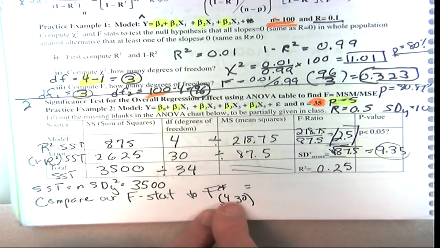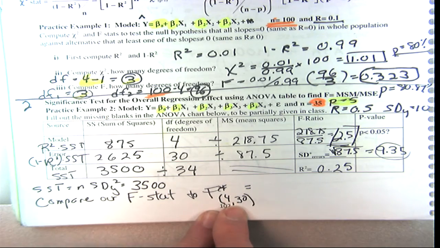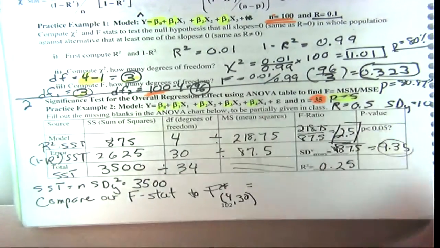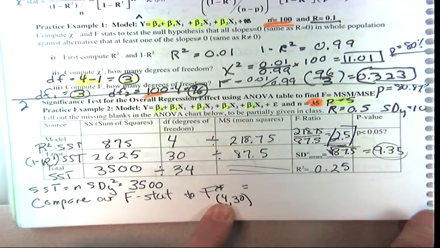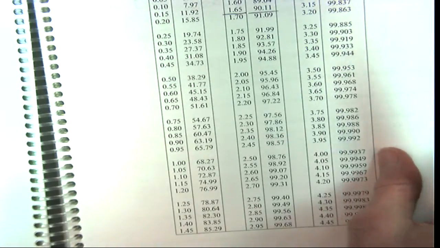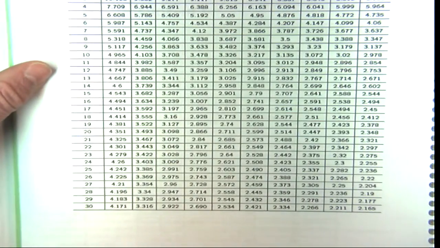Let's see if that's one of the ones on our F chart at the back of the book. If not, I'll have to give it to you, or we'll have to look on the computer. So now we need a significance level, so let's just say 5%. What do we need?